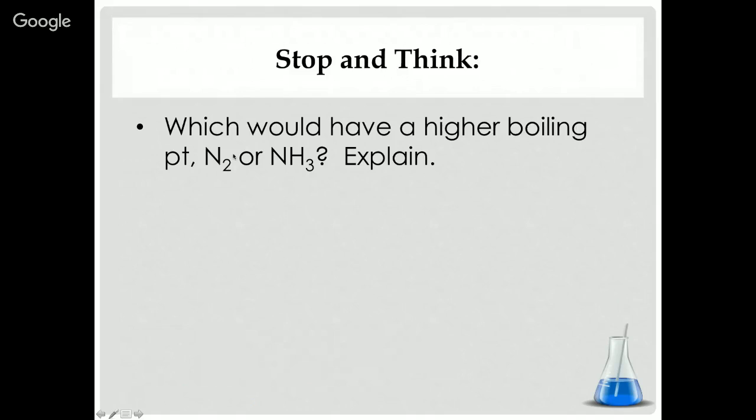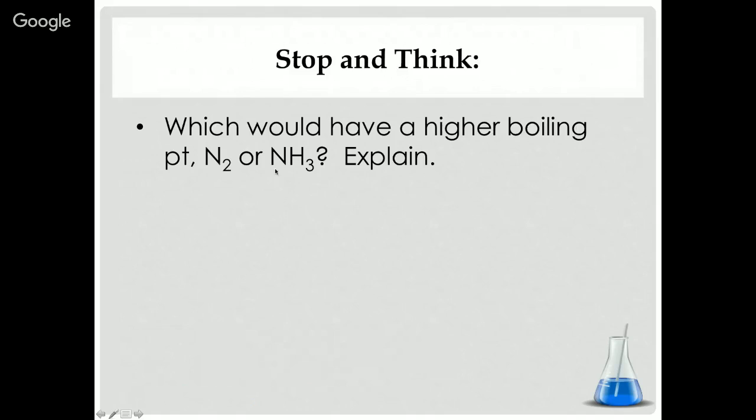I don't know if your teacher taught you this, but this would be the dispersion force, or they may even mention van der Waals forces. This is a very, very weak intermolecular force holding neighboring diatomic nitrogen together. And then we have NH3. We know that NH3 has the N and the H. This is hydrogen bonding, so this is a stronger intermolecular force.